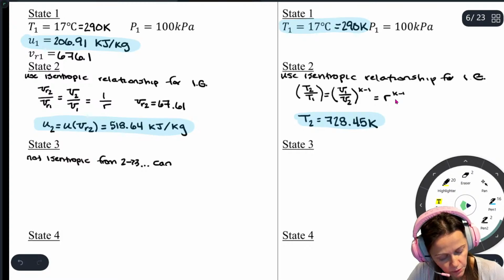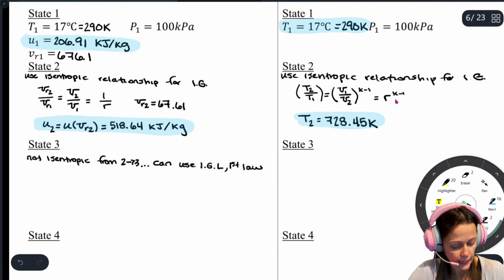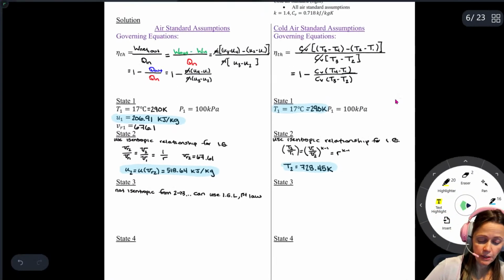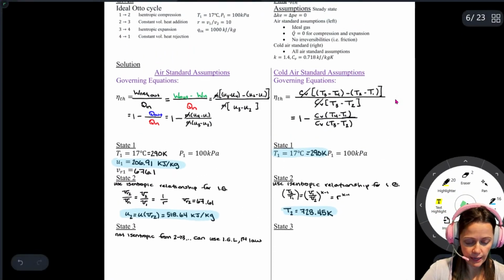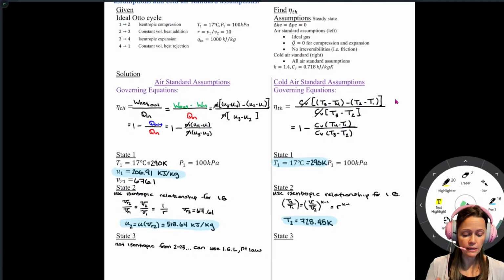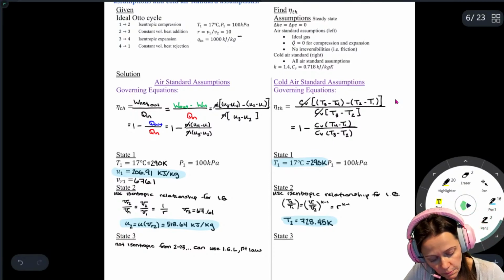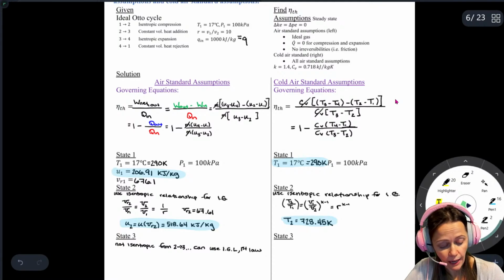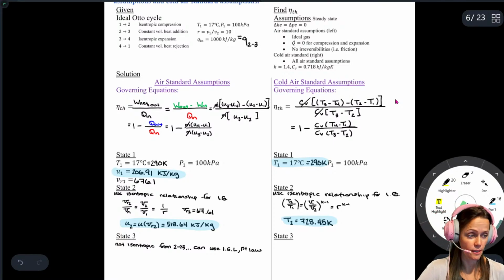So what can we use? Well, maybe we can use our ideal gas law if that would help. Or we can also use our first law. The first law is actually going to be useful for us here because they told us the amount of heat that's added per cycle. And that's the Qn. So this is going to be added from 2 to 3 during that heat addition process.